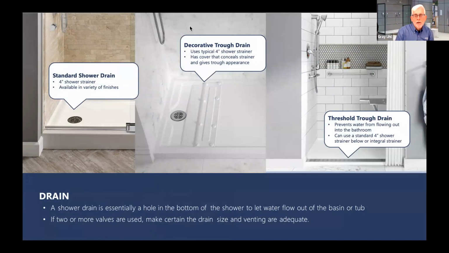Most critical of all, if you're doing a multi-shower system, look into the specifics of whether the drain you spec'd and the venting for that installation is going to deal with the maximum flow rate of the water you're delivering. I might have a drain that works great on one shower system, but if I put in multiple shower systems for 2 people showering, you don't want to overwhelm the drain. So those are all things to consider.